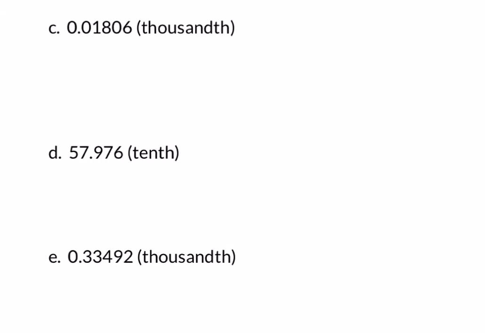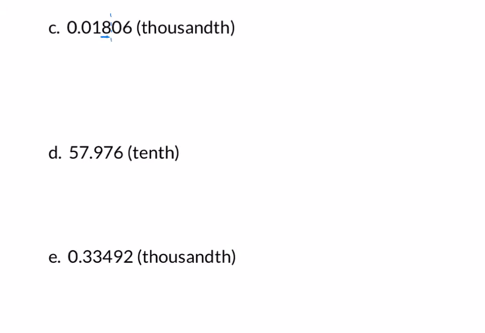All right, example C. We have 0.01806. We want to round to the thousandth. 8 is in my thousandths column. I'm going to put my dashed line.